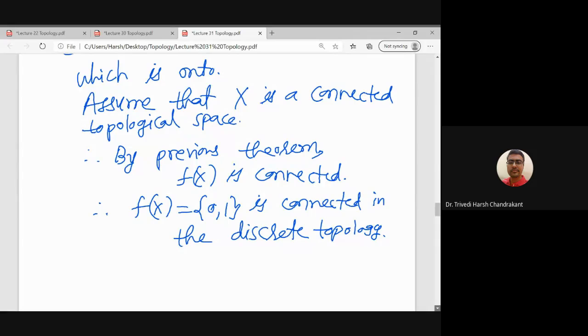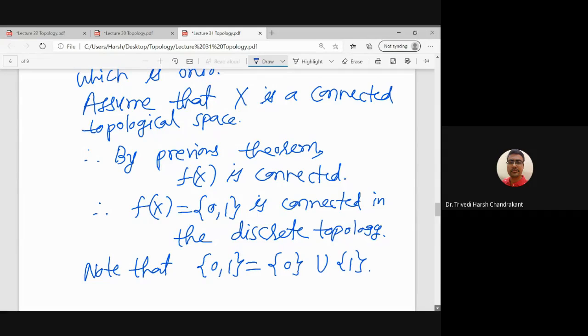In the discrete topology we know that every subset of the given set is open. So note that I can write {0, 1} as a union of singleton 0 and singleton 1.